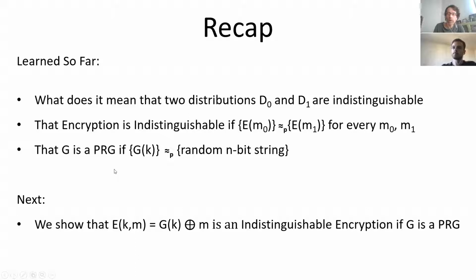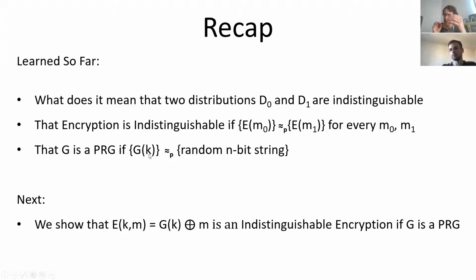Likewise, this notion of indistinguishability of distributions also allowed me to define what a PRG is. A pseudo-random generator is a deterministic, efficient, polynomial-time algorithm which takes a seed of fixed length lambda bits, and expands it to n bits, which is some function of lambda, let's say twice, or square, or any polynomial.